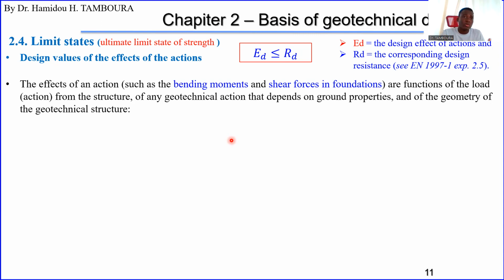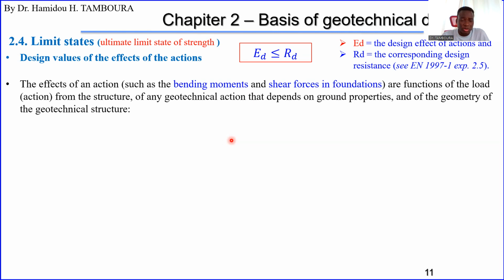If you have, for example, very strong ground, the effect of the action will not be the same. The same action, same force, or same load will not have the same effect on two grounds having different properties, different characteristics. It means that the material property also matters in terms of the effect of this action.